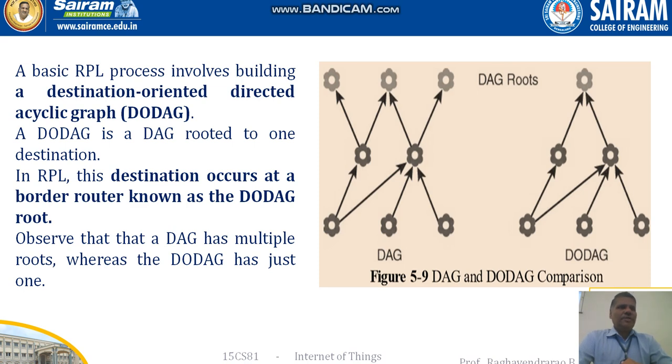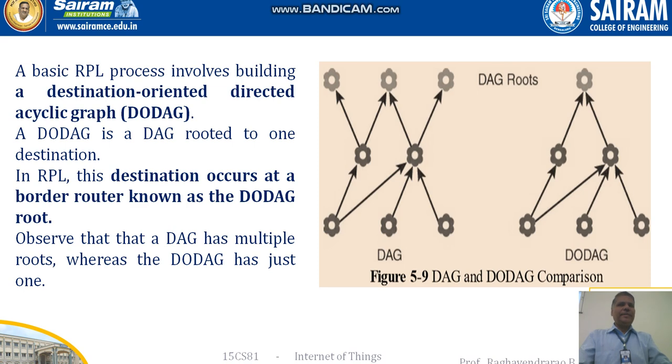Now you see the same thing in the diagram. One is a DAG, the second is a DODAG. A DAG is nothing but a directed acyclic graph. A DODAG is a destination oriented directed acyclic graph.